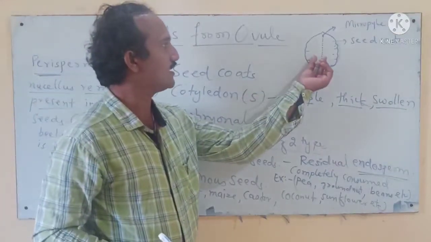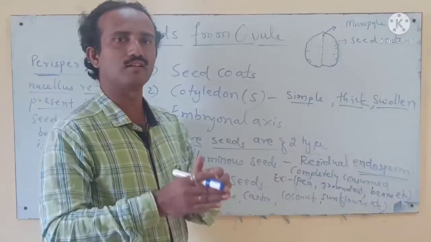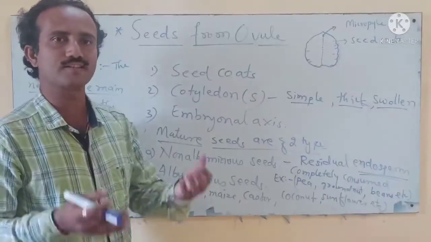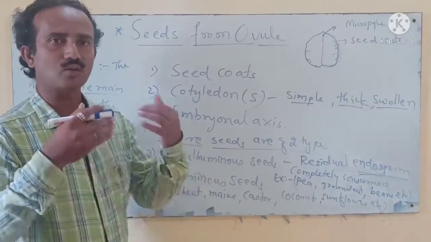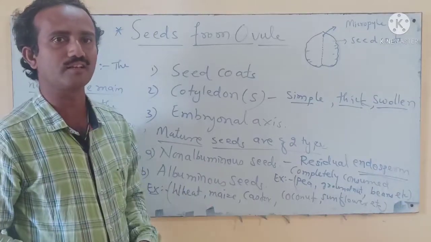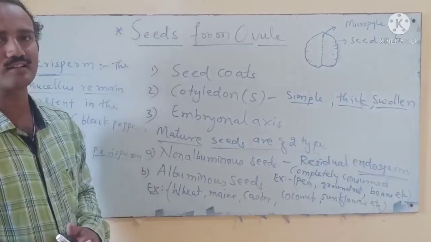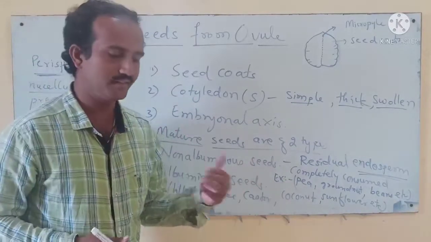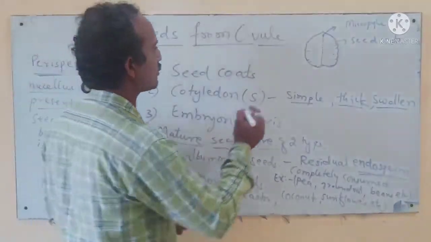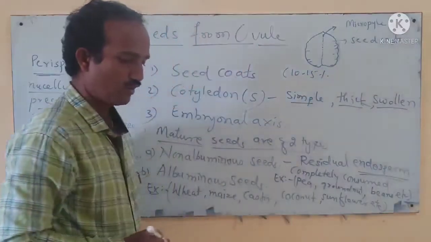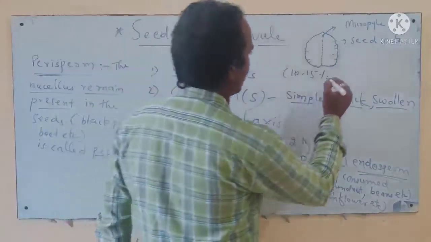As the seeds mature, the inner part of the seeds has water content. That water or moisture content will be reduced. Due to that, seeds become dry, with 10 to 15% of moisture by mass.